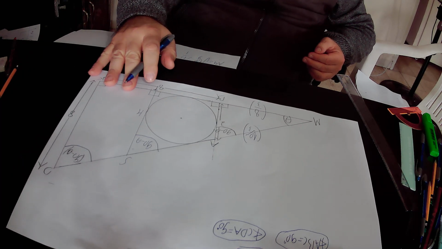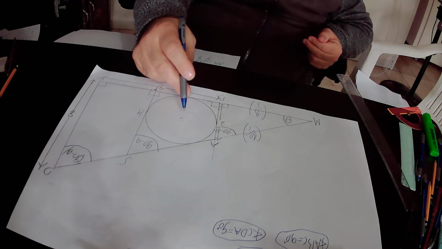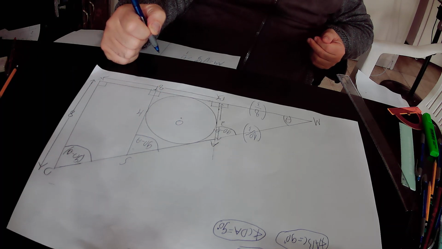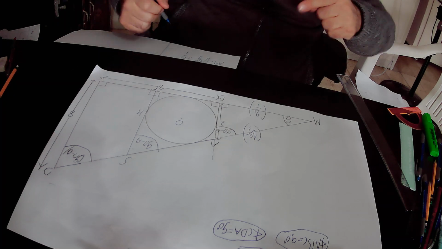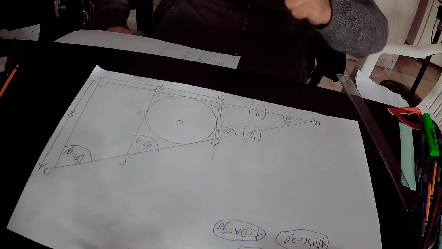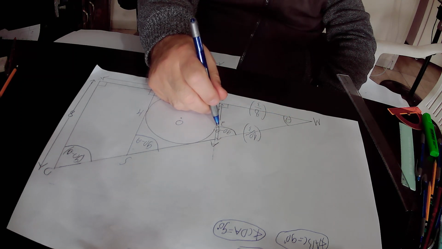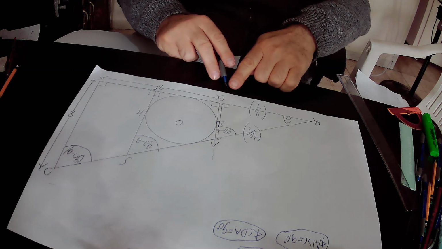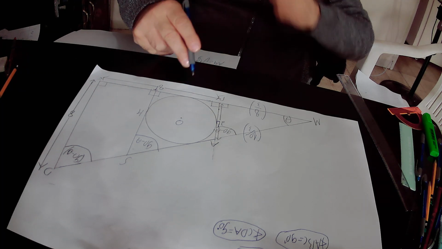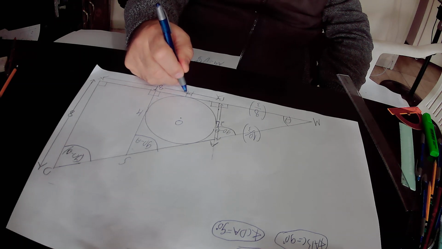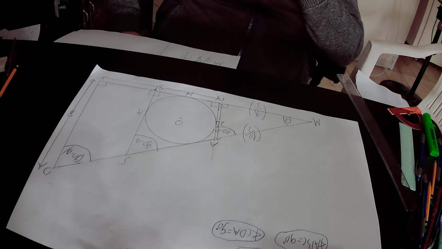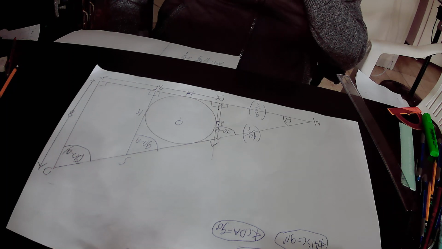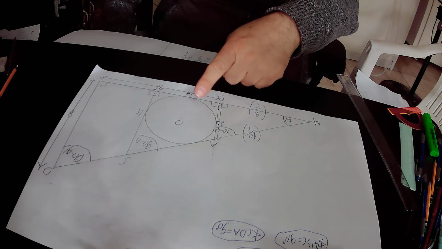In the next step, we define the center of this circle, this point, as O. We will define the point of tangency of tangent AB with this circle as L. And finally, we will define the point of tangency of tangent BT with this circle as H. We will define the radius of this circle as X, and we will join points O and H together by a straight line.